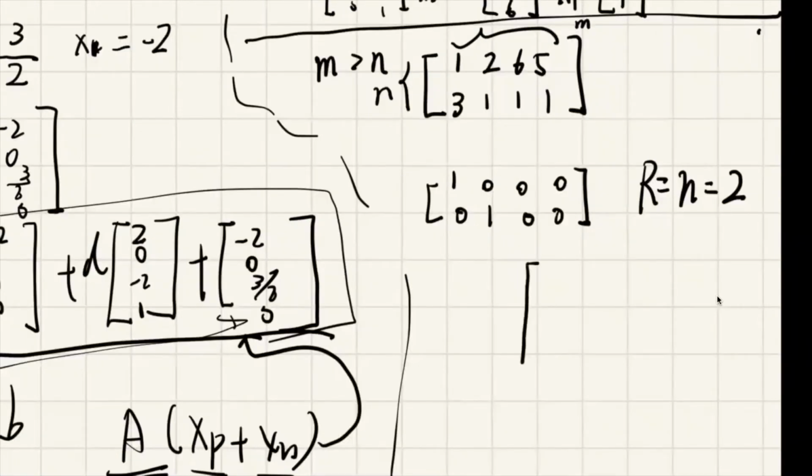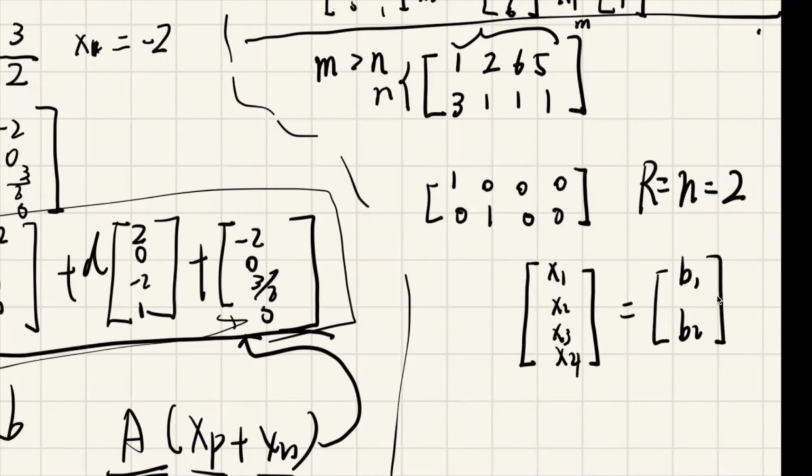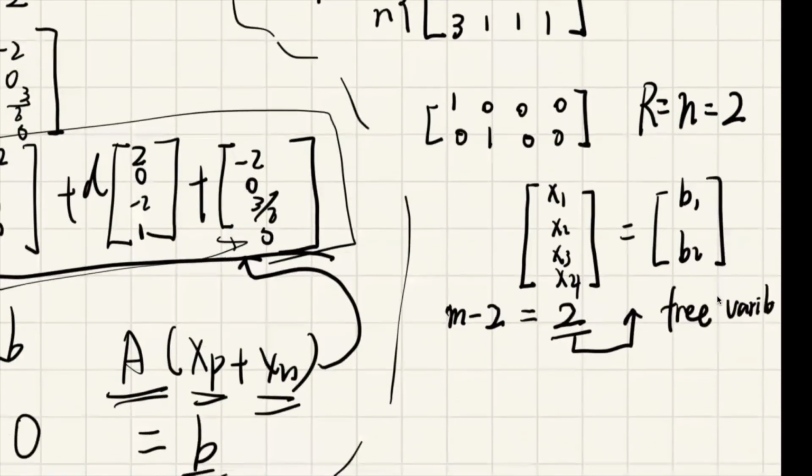Since here there are 4 variables, x1, x2, x3, and x4, and we only get b1 and b2, there are more x than equations, so there will always be infinite solutions, because the free variables number n minus 2 equals 2. So this is our free variables, and the pivot variables are 2.